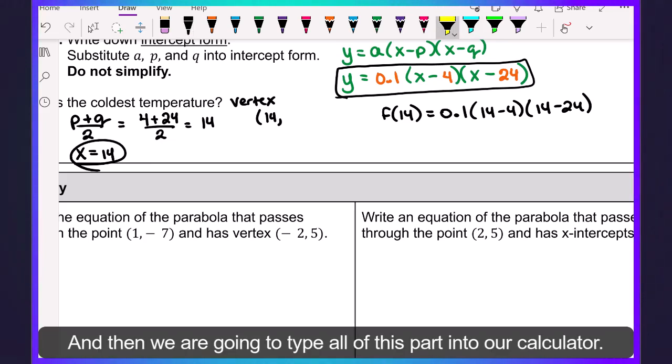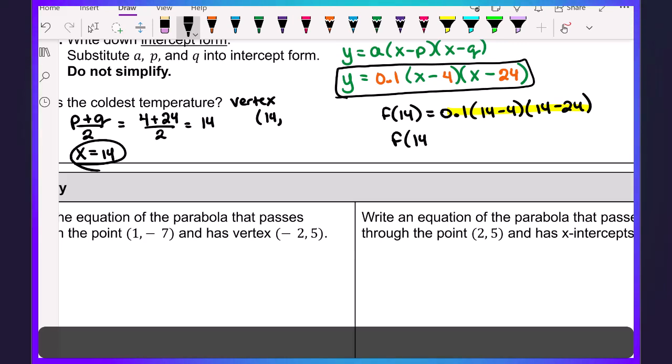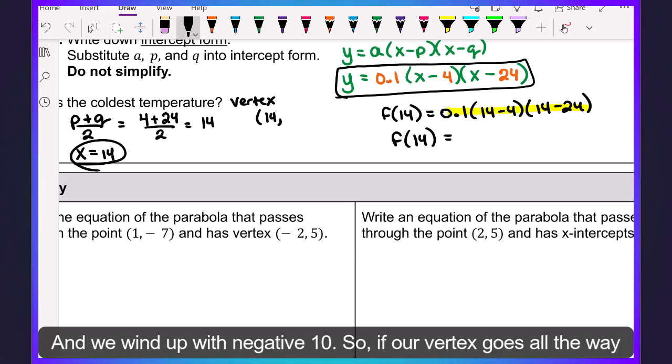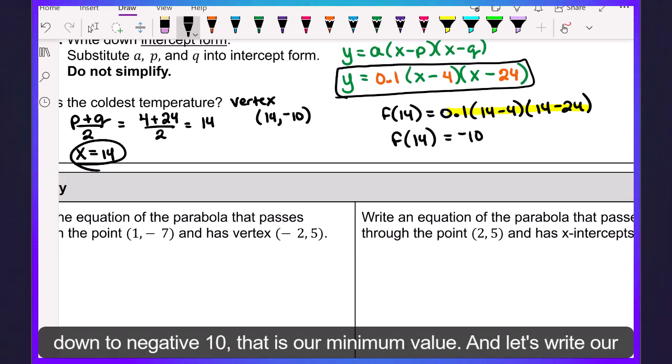And then we are going to type all of this part into our calculator. And we wind up with -10. So if our vertex goes all the way down to -10, that is our minimum value.